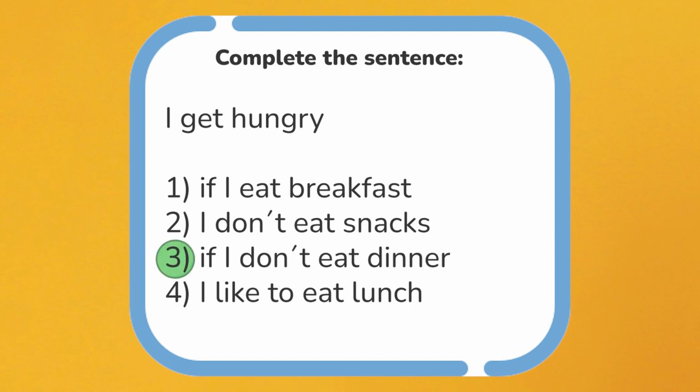If I don't eat dinner, okay, we need to have now our result first and our condition second. So we can see in the first sentence, we don't have if. And in the second sentence, we now need if. I get hungry if I don't eat dinner. So, very important. Be careful with this one.